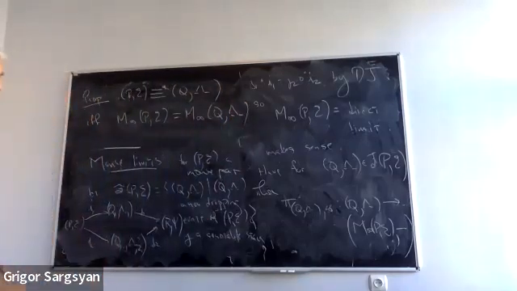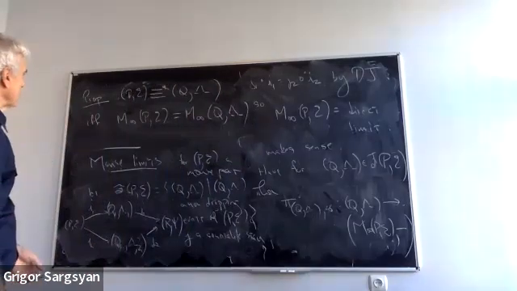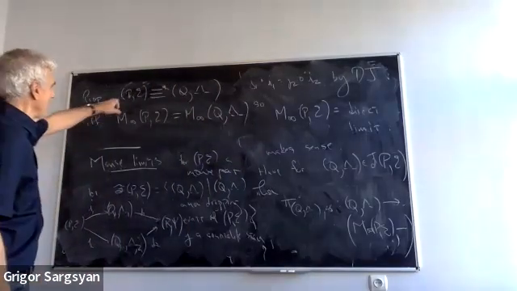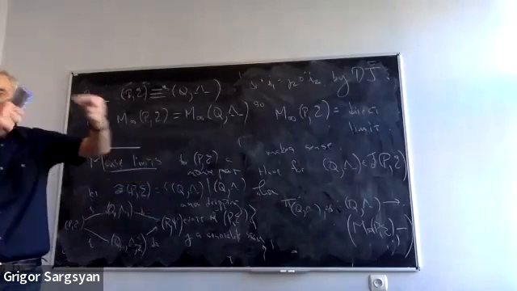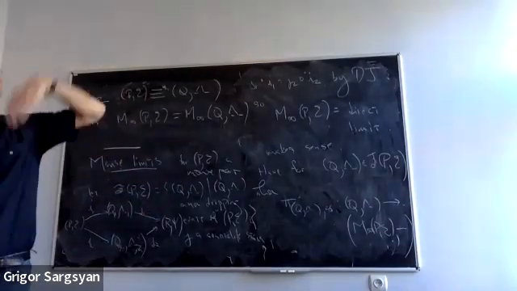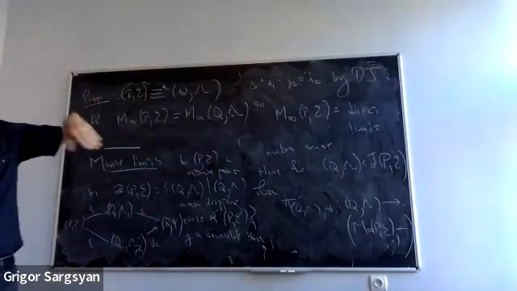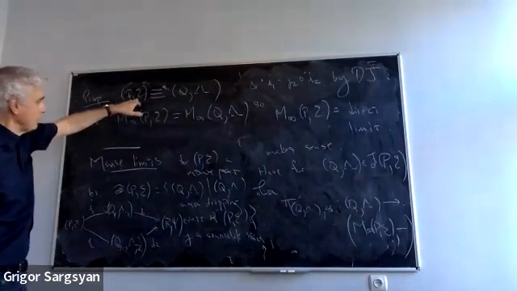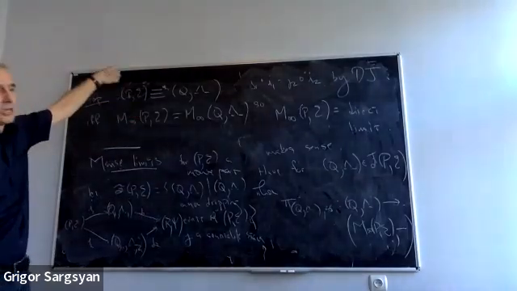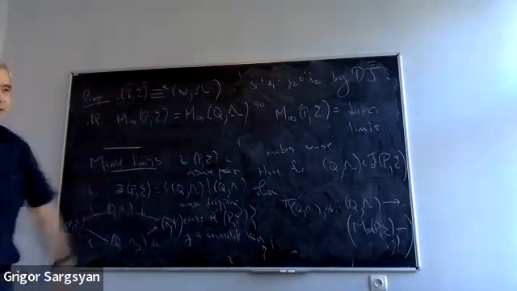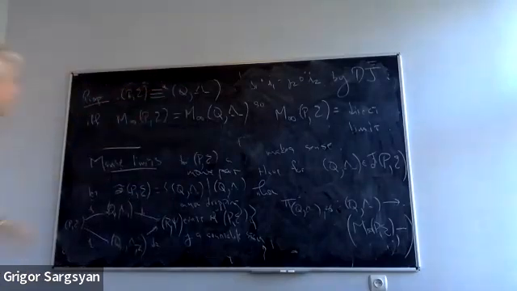The one direction is trivial, the other direction is only slightly less. If they're mouse equivalent, you can compare them and stay in the two systems, and the direct limit of the P sigma system is the same as the direct limit of any of its iterates. Okay, so that's one part.